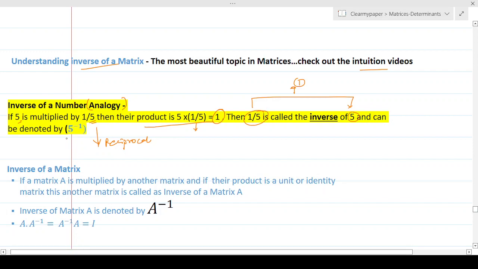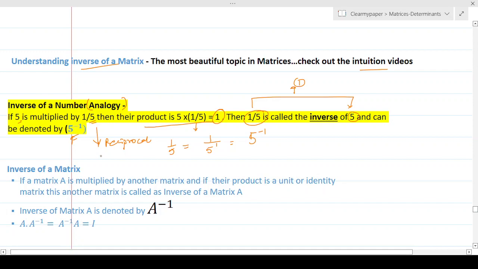We can also denote the inverse with a notation where you raise it to the power of -1. For example, 1 by 5 is 5 raised to the power of -1. That's all this means. So this is the notation for the inverse of a number.